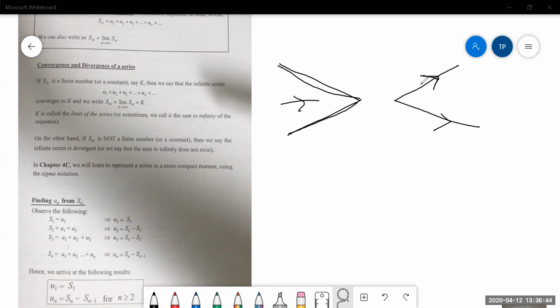Yeah. So the diverging rays basically go outwards. Converging rays go inwards and they go towards a point. Right? This is converging. And this is diverging.